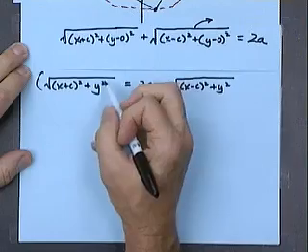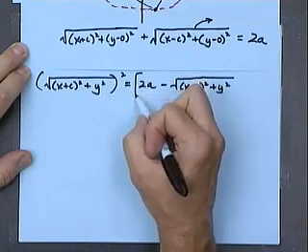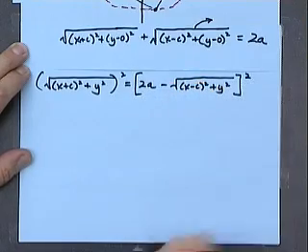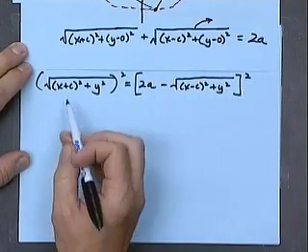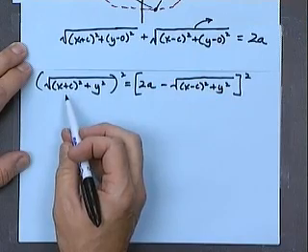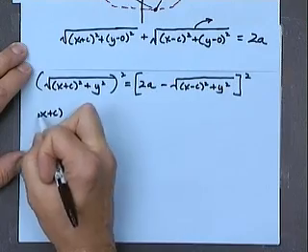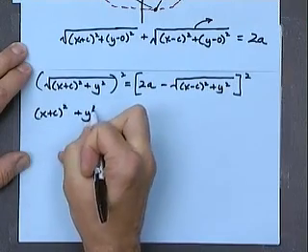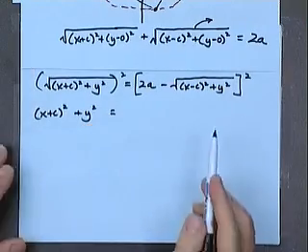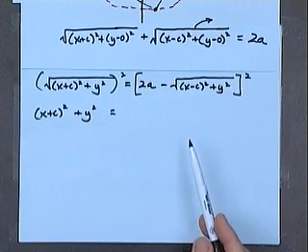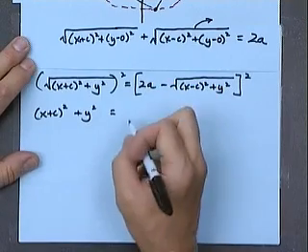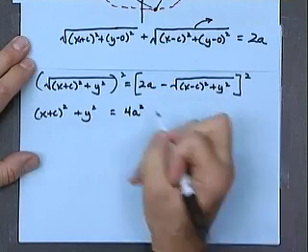So let's square this and square this. So the left side now, when we square a square root, we get what's underneath. This is a binomial on the right side. So when we square that, we get the first term squared.